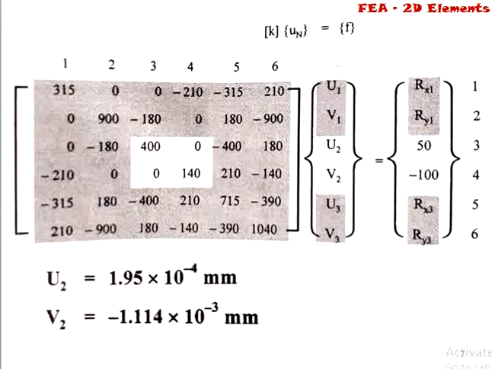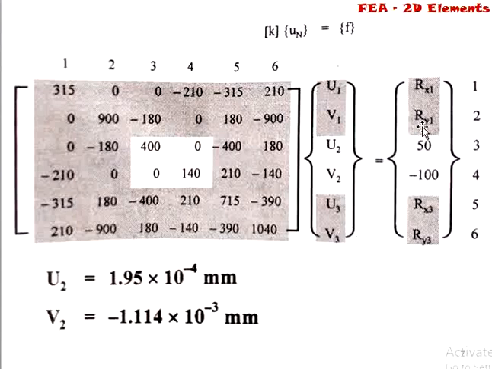Then next, how to calculate reactions. Suppose I want to calculate Rx1, so just take this row of k multiplied with the displacement vector is equal to R1. Similarly we can calculate Ry1, Rx3 and Ry3. I am again repeating. Suppose I want to calculate Rx1, so take the row of the element stiffness matrix, that is row 1, and multiply it with the column of the displacement matrix.